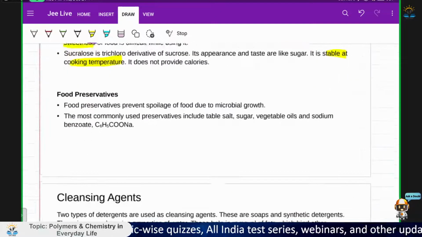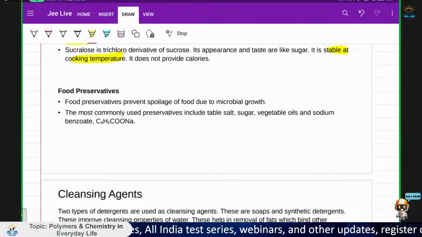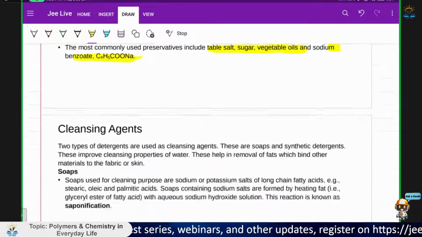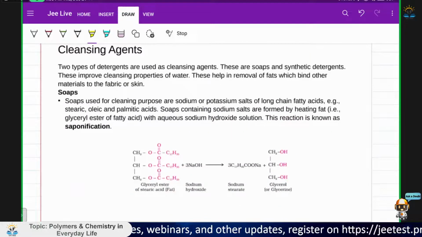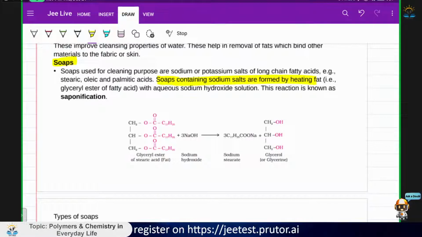Now, food preservatives. We have examples like table salt, sugar, vegetable oils, and sodium benzoate. Now, some cleansing agents, soaps. Soaps are prepared by the process of saponification. What is saponification? Soaps containing sodium salts are formed by heating fat. What is fat? Fat is a glycerol ester of fatty acid.